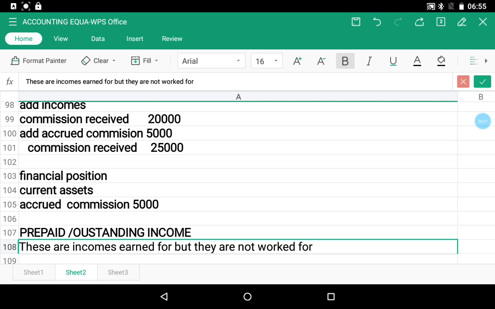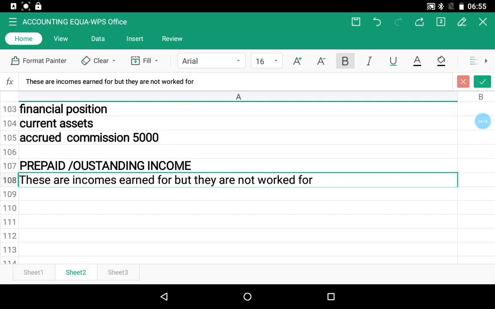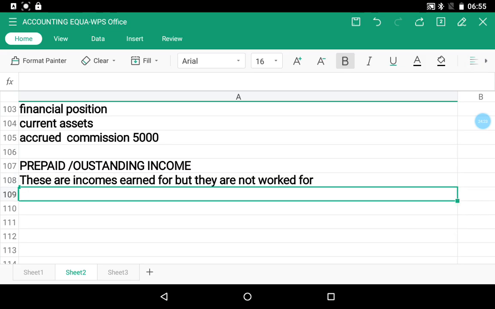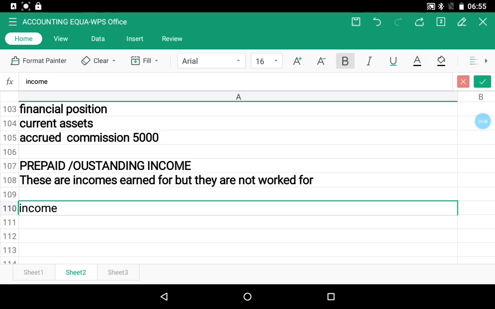So now we are going to see, under income statement, they reduce the value of income.